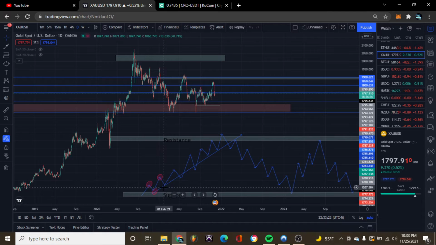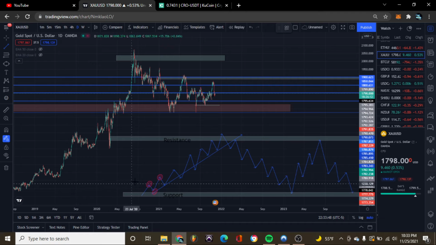Higher high, higher low, higher high, higher low. This is the last higher low. You feel me? Or really, this can be the last higher low. But you can see how it bounced off the same level. You feel me? You can really draw lines.